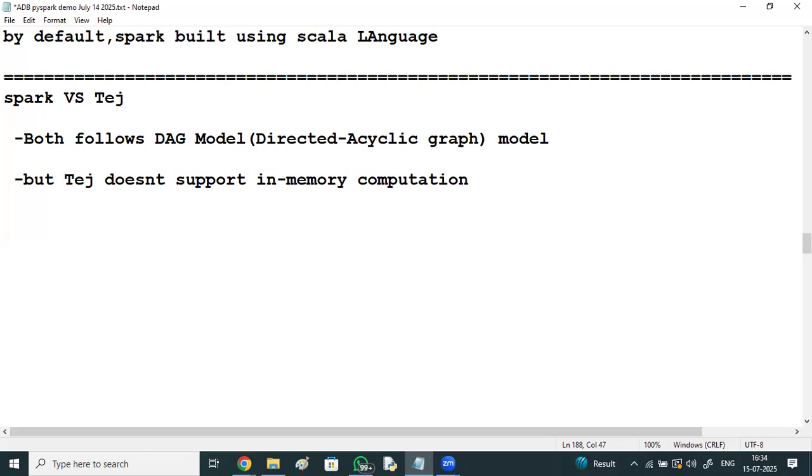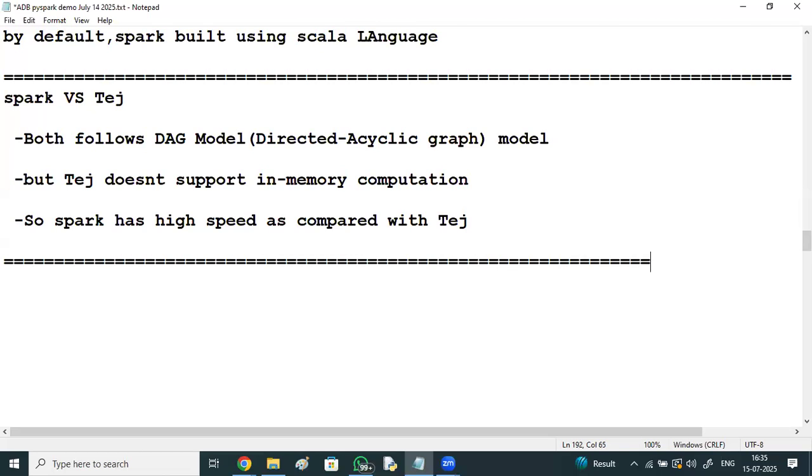So Spark has high speed as compared with Tej. The commonality between these two is that both follow the DAG model, but Tej doesn't support in-memory computation. Spark has high speed as compared with Tej.